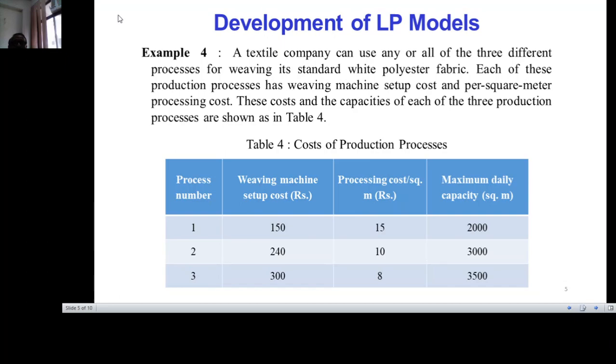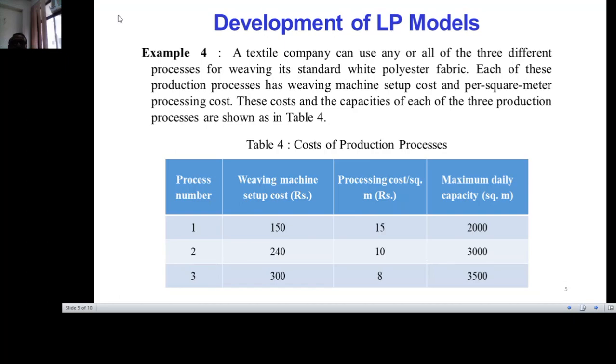If you do not use, then you do not incur any expenditure. So, we write 150 y1, 240 y2, 300 y3, and y1, y2, y3 will be either 1 or 0. If it is 0, it means this process is not used. If it is 1, it means this process is used.